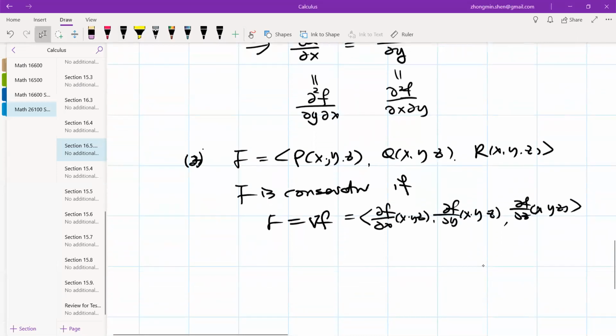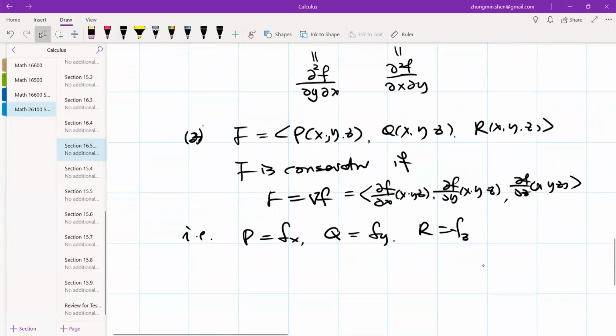In other words, P is going to be f sub x, Q is going to be f sub y, and R is going to be f sub z.